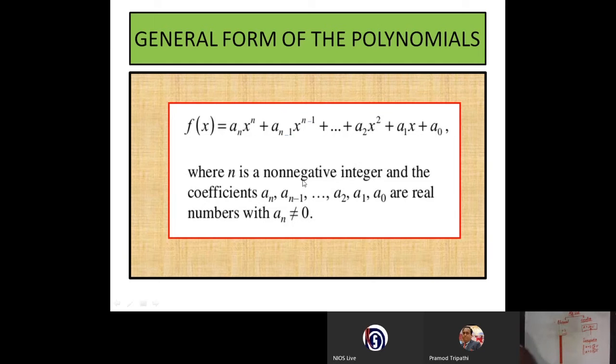So n is a non-negative integer, and the coefficients a_(n-1) up to a_0 are real numbers, with the condition that a_n must not be equal to 0. This is the leading term, and a_n is the leading coefficient of x raised to the power n here.